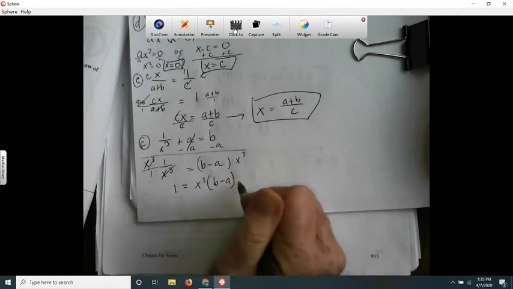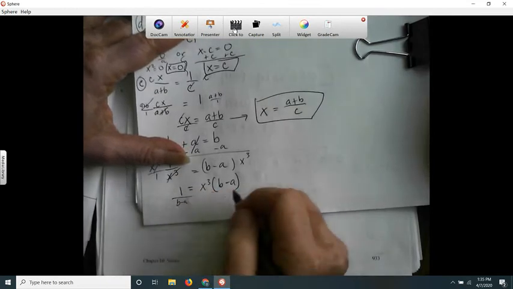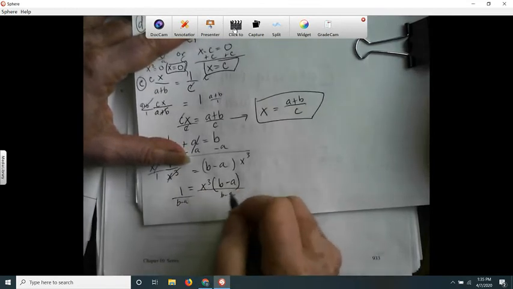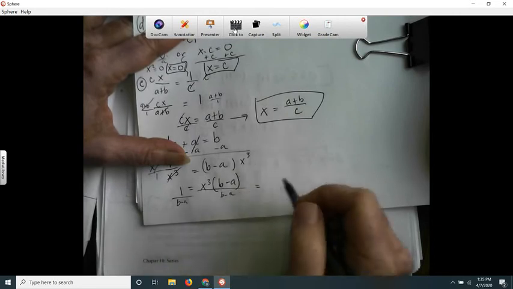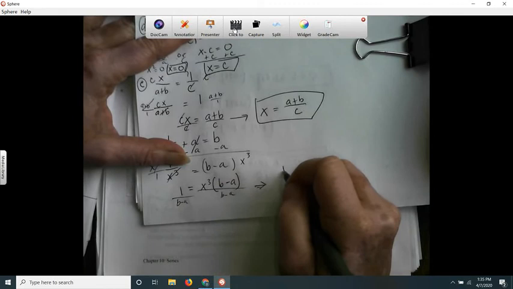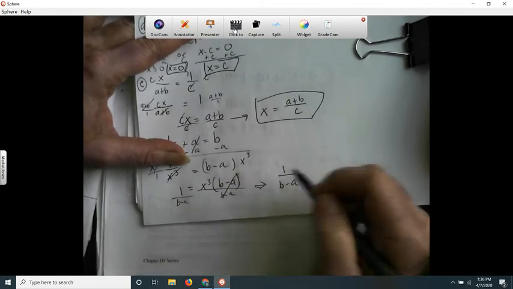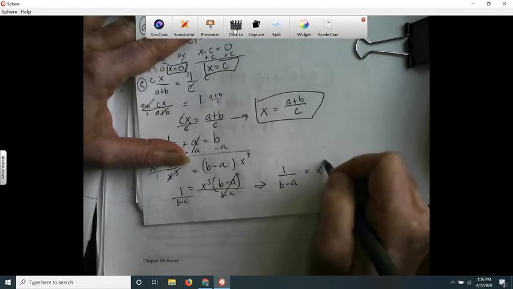And then I'll divide both sides by b minus a. And I'll get 1 over b minus a equals x cubed.